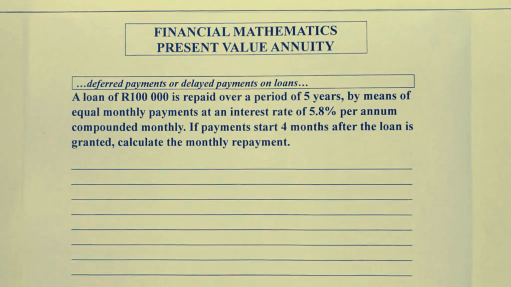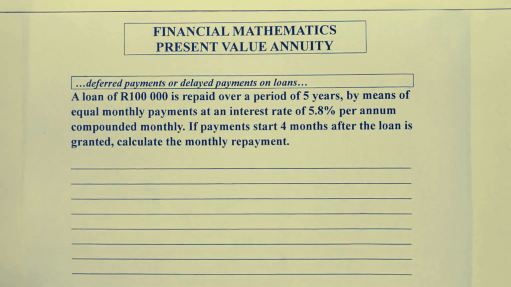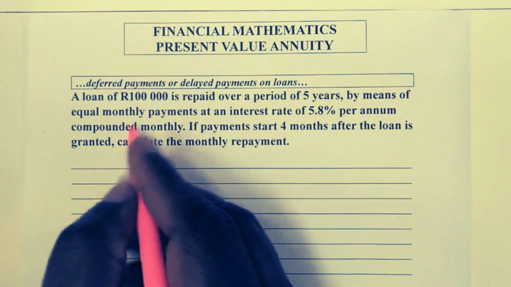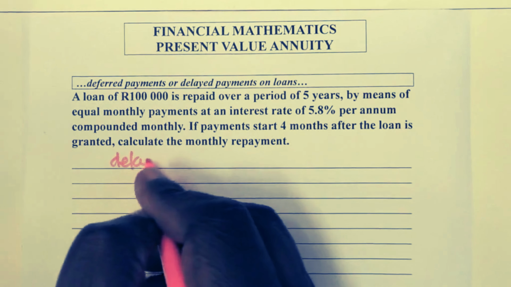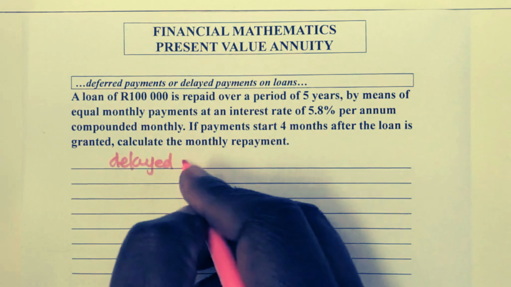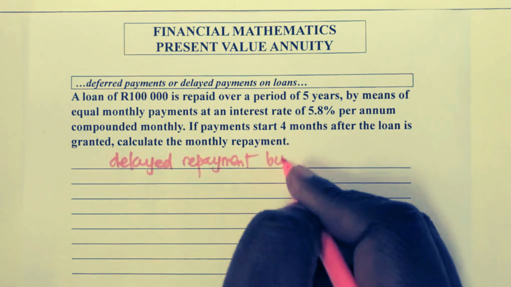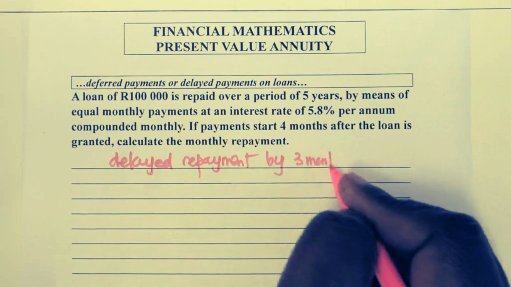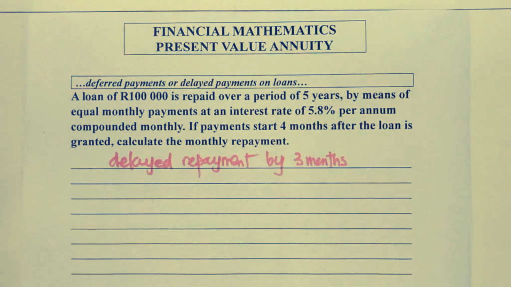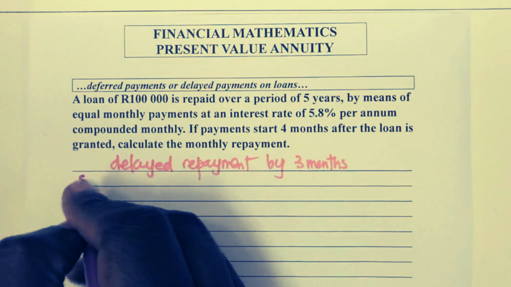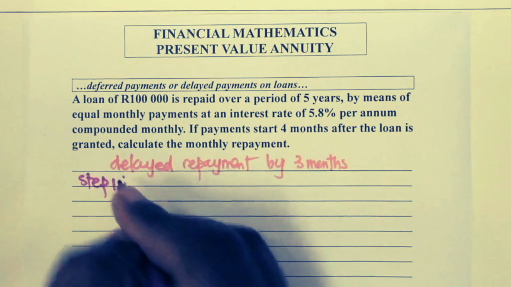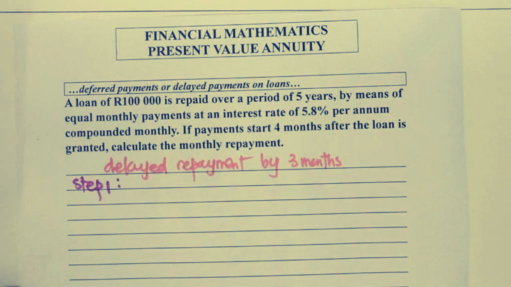If we look at this question here, we are going to see that this loan repayment was delayed by 3 months. And during those 3 months, this loan was increasing. So we need to calculate the new loan amount.